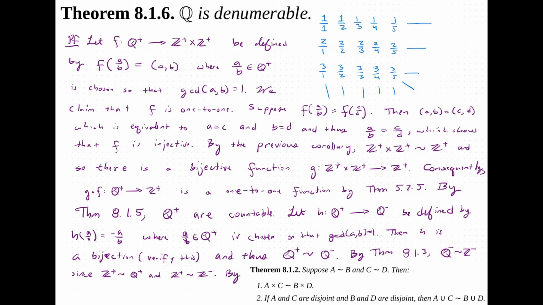So by theorem 812, we get that the positive rational numbers union the negative rational numbers, and these two sets are disjoint, is equinumerous to the positive integers union the negative integers. And all that we need to get the rational numbers is just 0. We just need to take the union with 0.